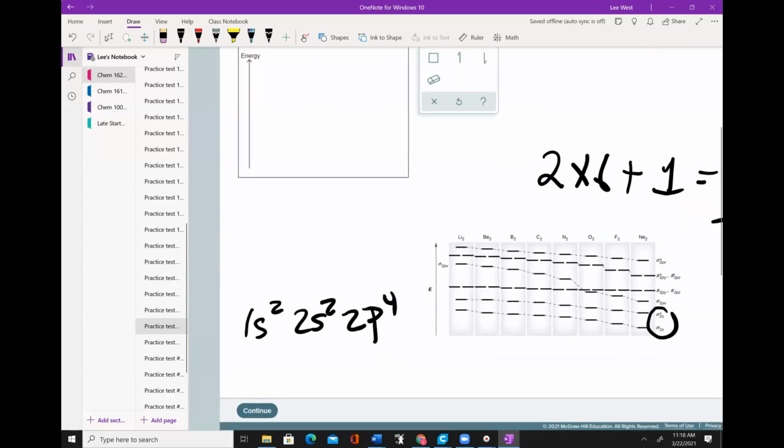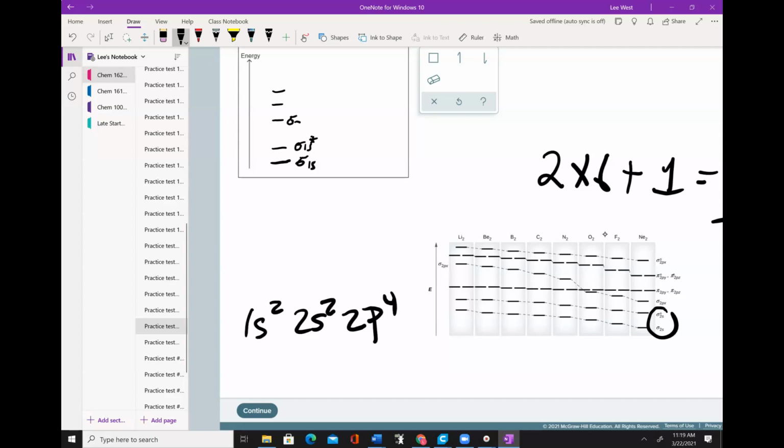All right, so this is going to go like this. It's going to go sigma 1s, sigma 1s star, that's the core, and then now I'm just going to copy the rest over. 1, 2, 3, right?